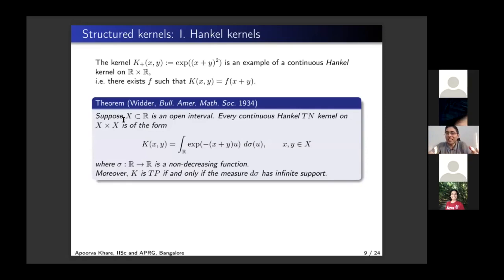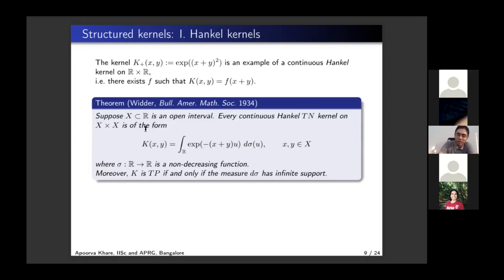The idea is I will give you all the simple observations that lead you to one half of the proof, and all the subtlety and complication lies in the other half of the proof, which I will not talk about. So every continuous Hankel kernel is of this form. Clearly, such a kernel is of that form, from verifying with some kind of a similar proof to the previous example. The converse, that there are no others, is the difficult part.